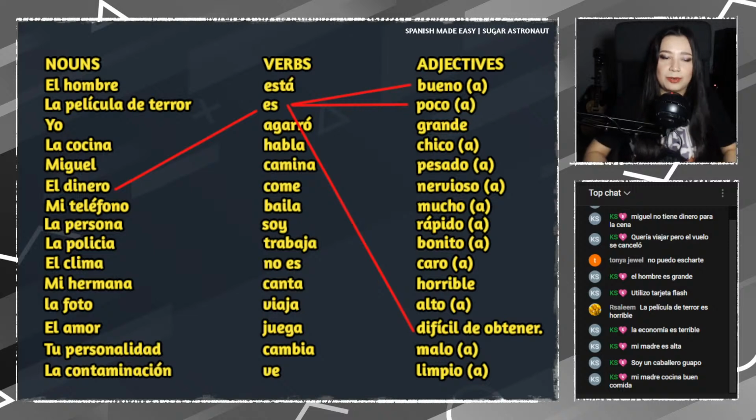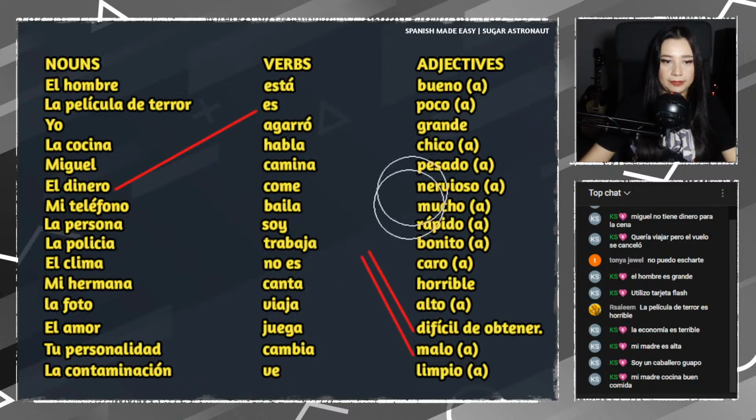You know, you have to work a lot to get enough money for whatever you need, right? You can also say el dinero es malo if you don't like money. The money is bad, right? And I think that's it for dinero.